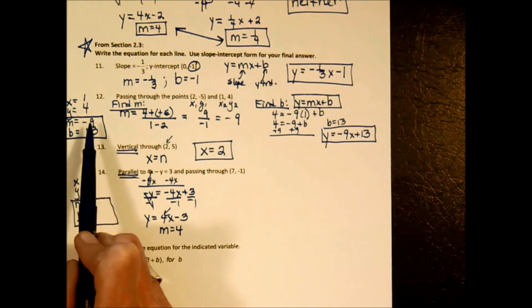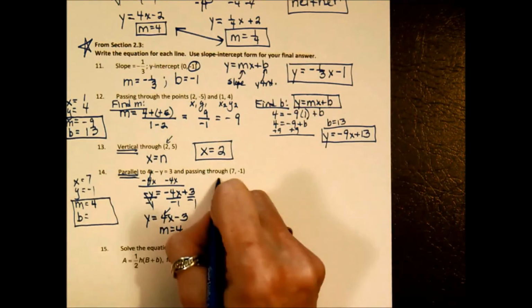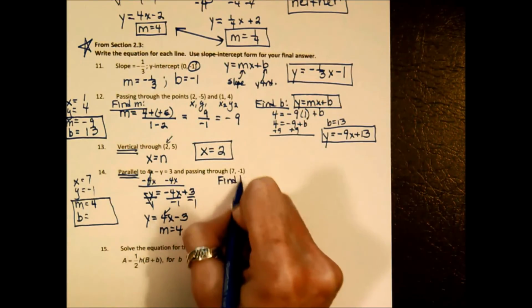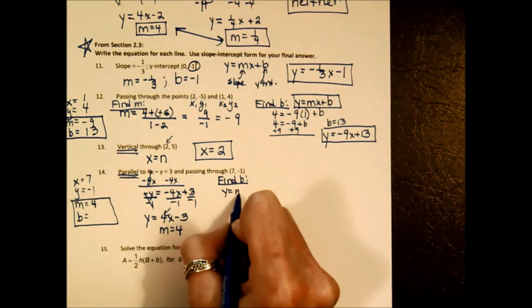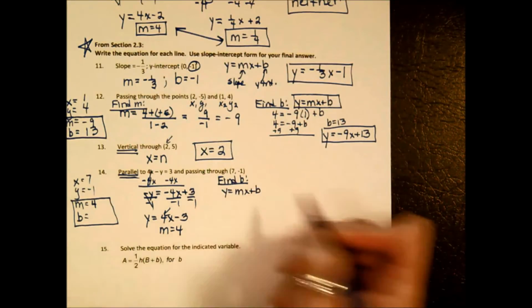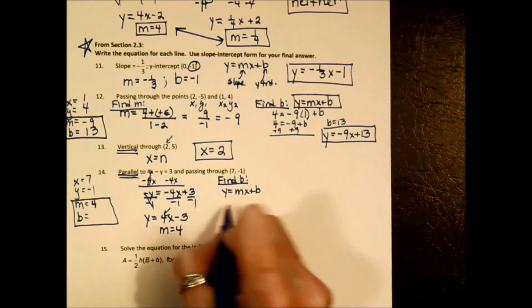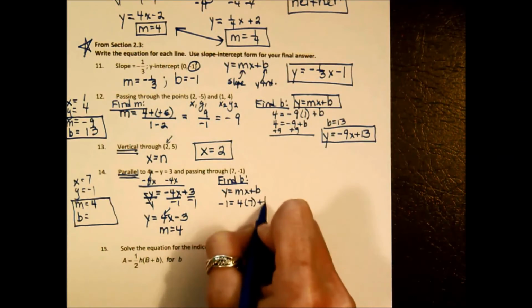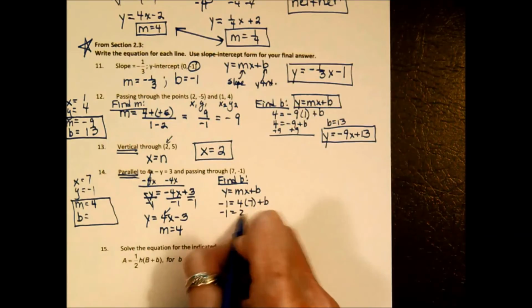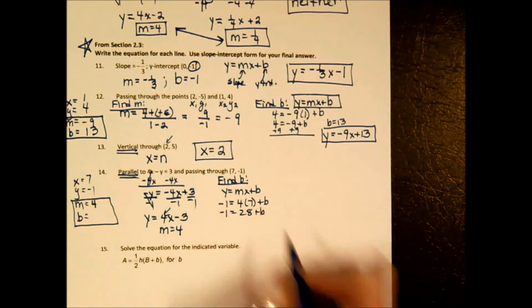I now want to find b. The way we do that is we fill in y equals mx plus b with the pieces that we have. So -1 equals m times x plus b. -1 equals 28 plus b.